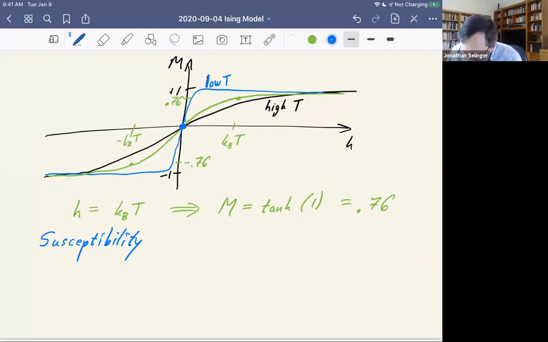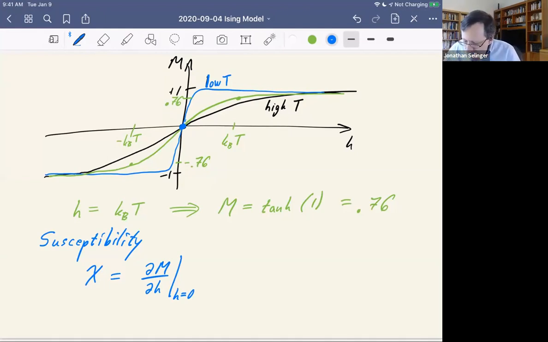The susceptibility is given the Greek letter chi, and that is the derivative of m with respect to h evaluated at h equals 0. So you calculate the derivative and then plug in h equals 0.